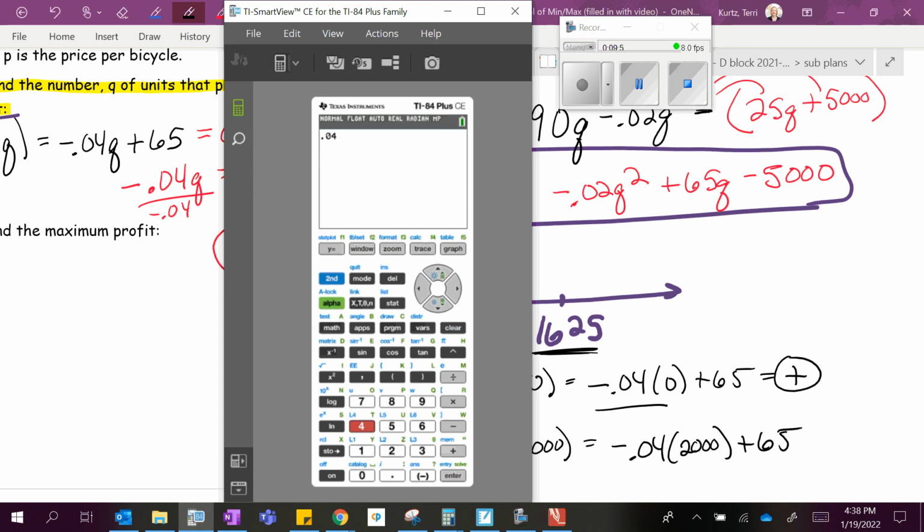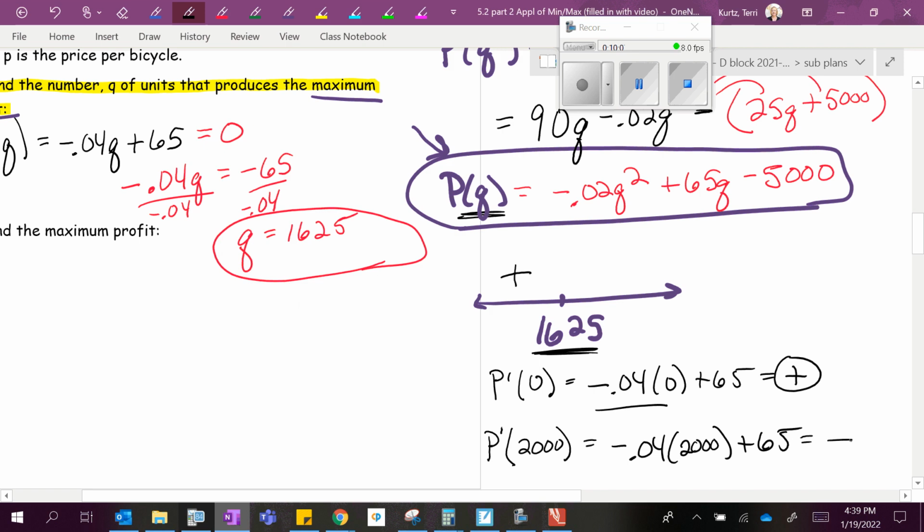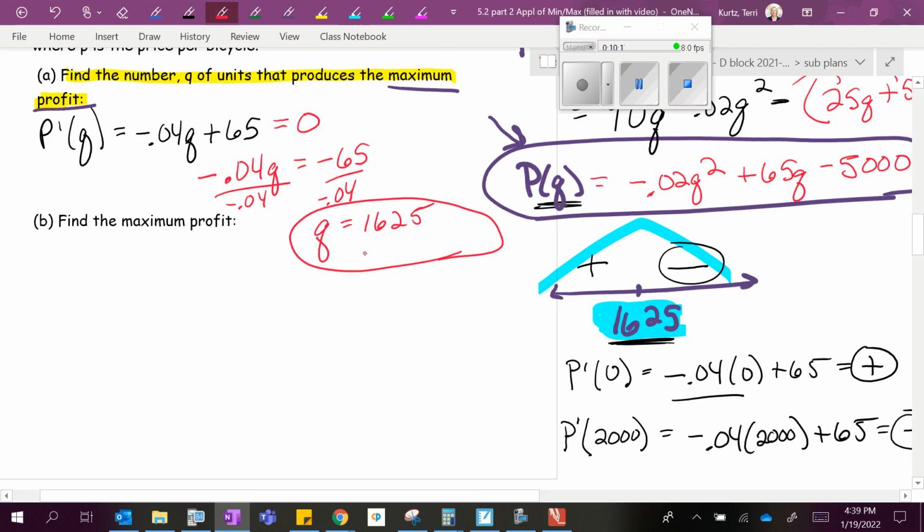Negative 0.04 times 2,000 is negative 80, plus 65. It's going to give me negative 15. So I've got a negative. So yes, I'm increasing and then decreasing. So 1625 is the maximum. So I want to sell 1,625 bikes to make the maximum profit.